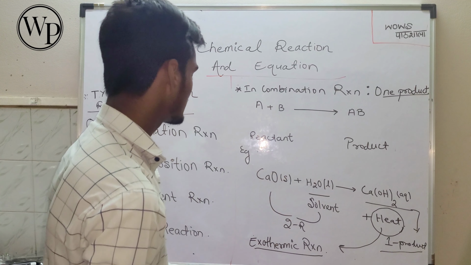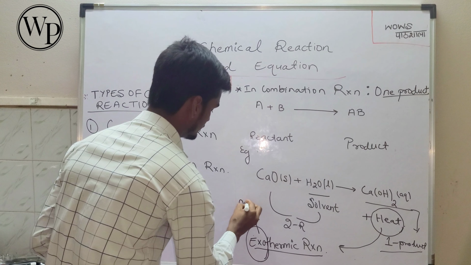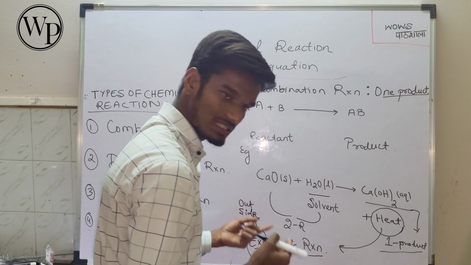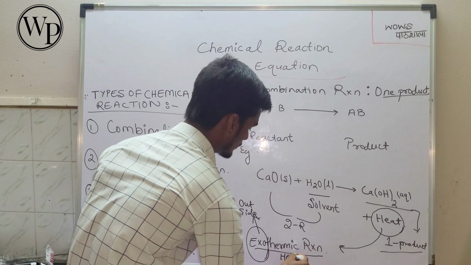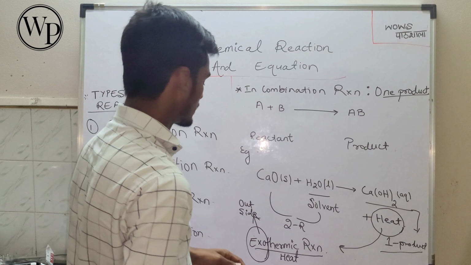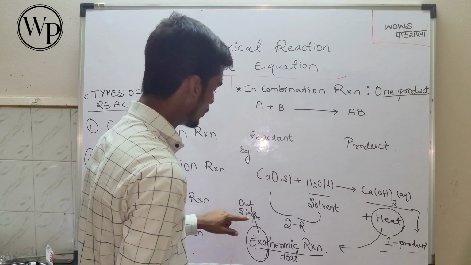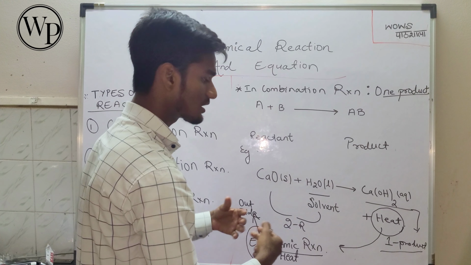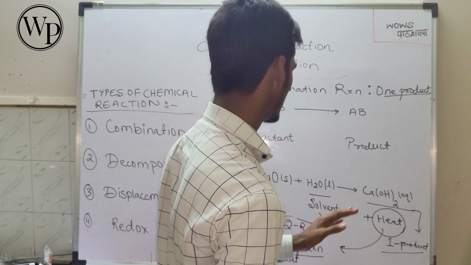If you try to understand it, exo means outside. Thermic means heat. When heat is released outside the reaction, outside the solution, this type of reaction is known as an exothermic reaction.